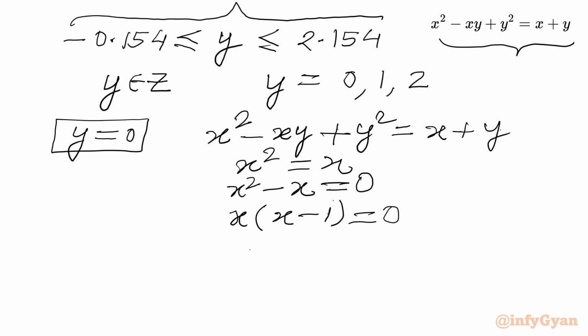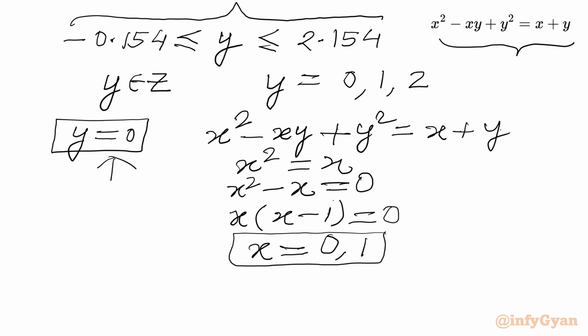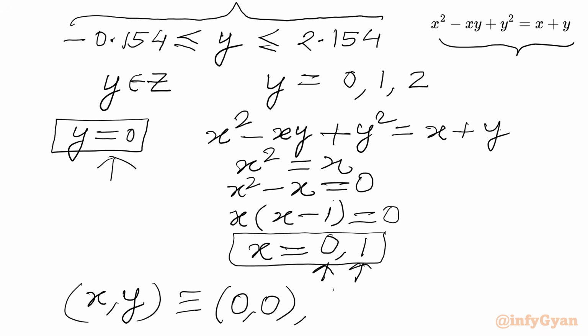Using the product 0 rule, we will get x equal to 0, x equal to 1. Now we have y 0, x 0 and x 1. We will write ordered pairs x comma y: 0 comma 0 and 1 comma 0. This is from y equal to 0.